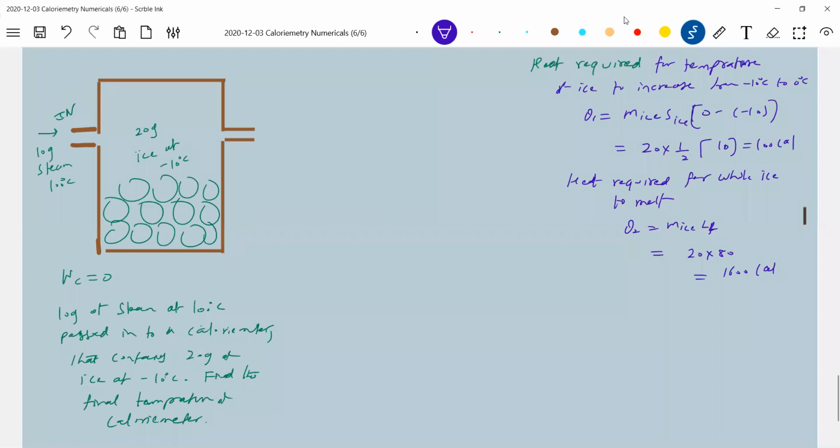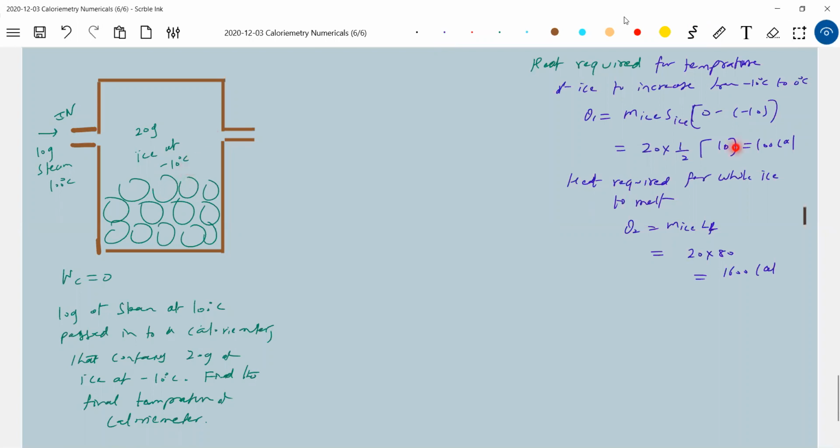Okay, for steam condensing, if all the steam condenses, let's see what will happen. With all the steam condensing, 5400 calories is available, no? 10 into 540, 5400 is available. So how much did we need? Just 1700. So what do you expect the temperature of the calorimeter? It should increase to 100.